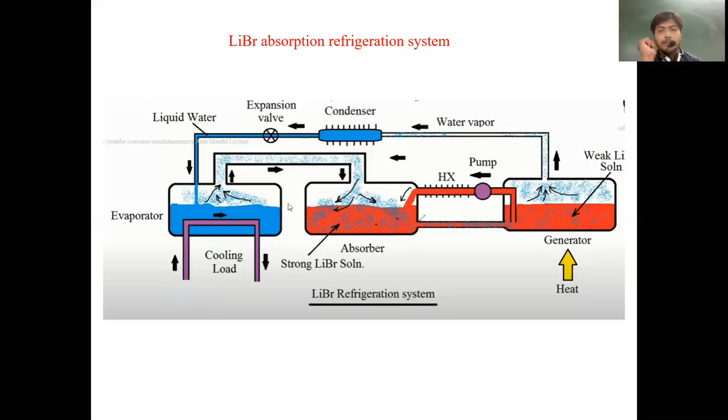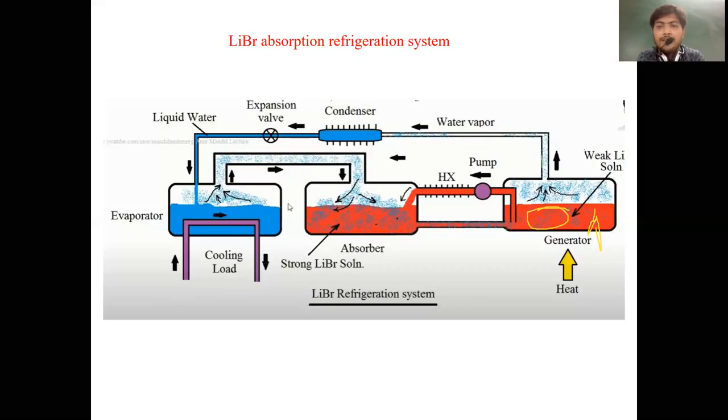This strong solution is passed into the generator. Here, to the strong solution of lithium bromide and water, we supply heat so that the water particles flash off.